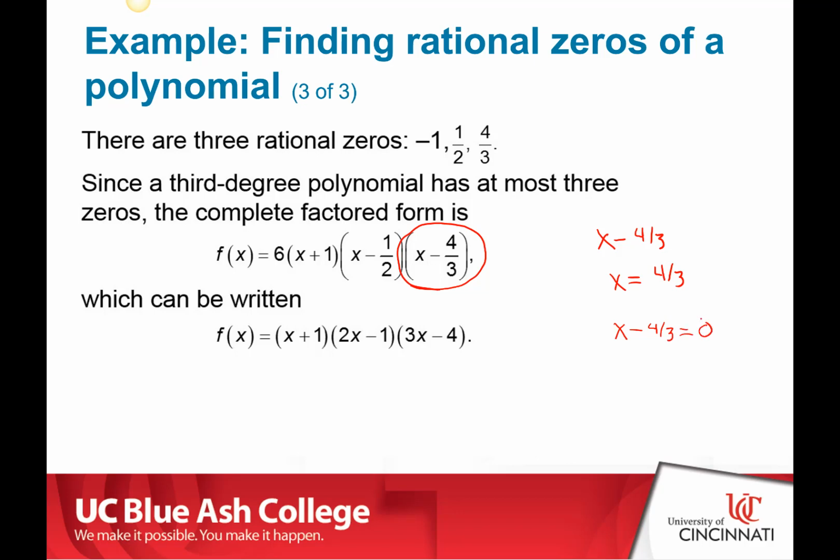If we multiply through by 3, we'll get 3x minus 4 equals 0. This is where that particular factor came from.